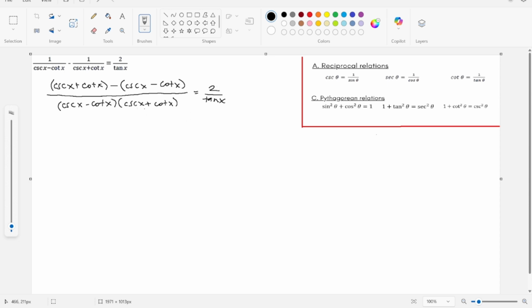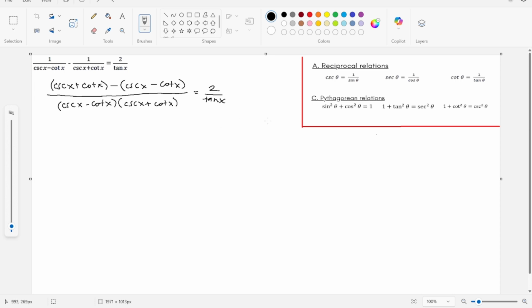Okay, so kung makikita nyo, some would think that pwede na tayong mag-cancel. Pero that is not the case. Hindi tayo pwedeng mag-cancel kasi hindi naman factor itong mga to. This is not a factor of the numerator. It is just a part of the numerator.